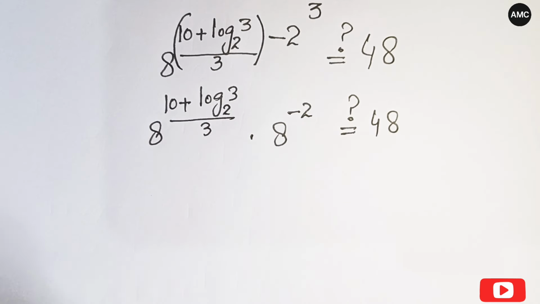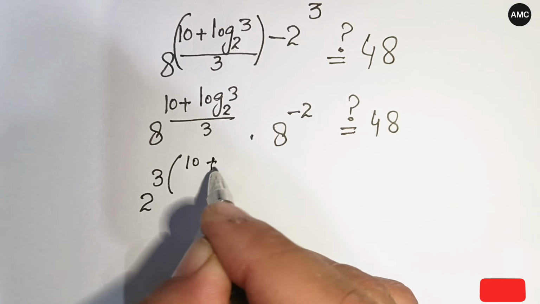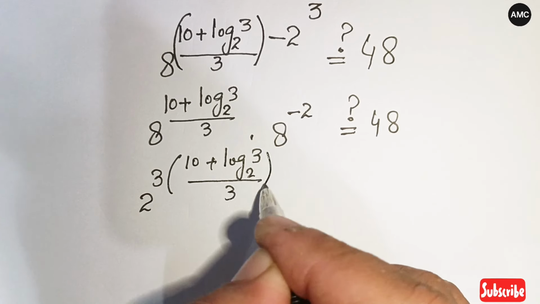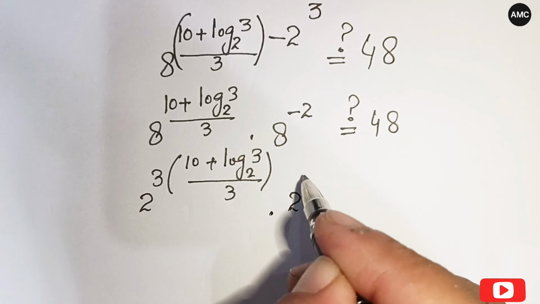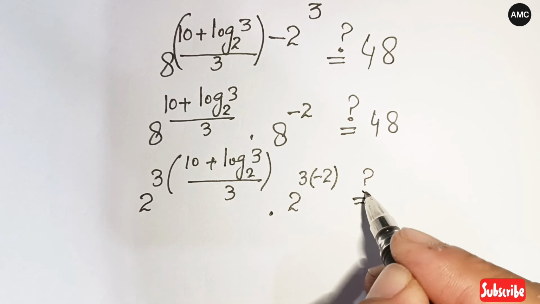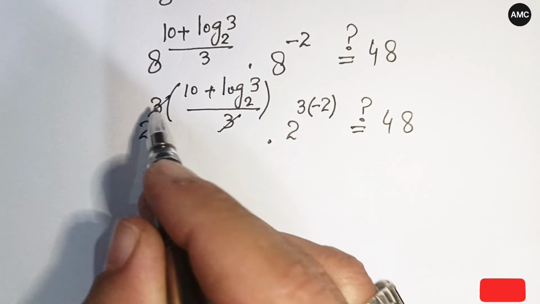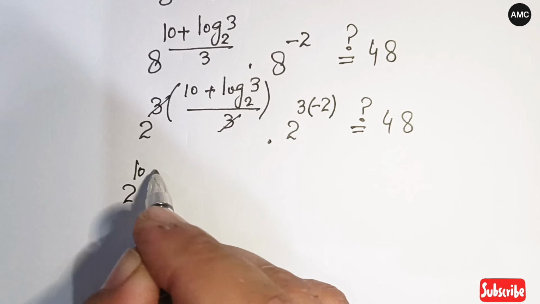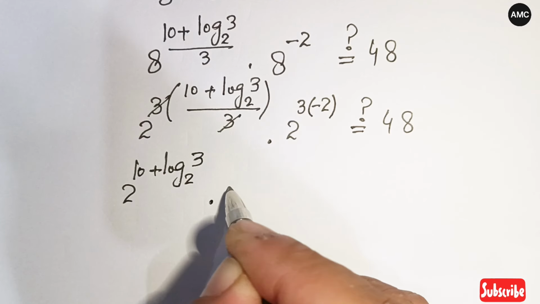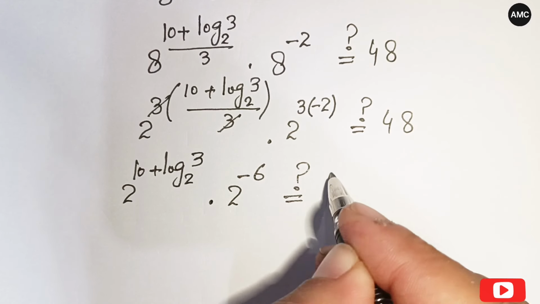Now here we have this 8 can be written as 2 cubed times 10 plus log 3 to base 2 all over 3 times this 8 is 2 cubed times minus 2, is it equal to 48. So here this 3 is cancelled out with 3, we get 2 to the power 10 plus log 3 to base 2 and times 2 to the power 3 times 2 is minus 6, is it equal to 48.